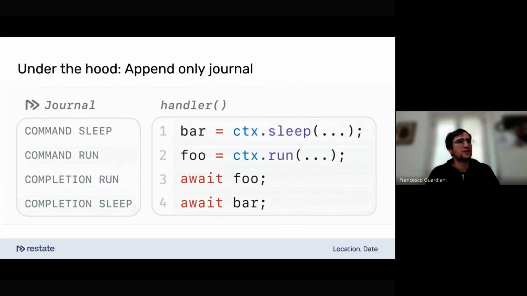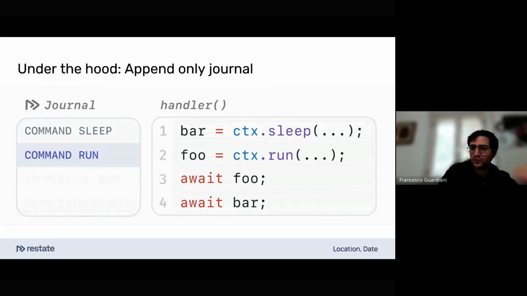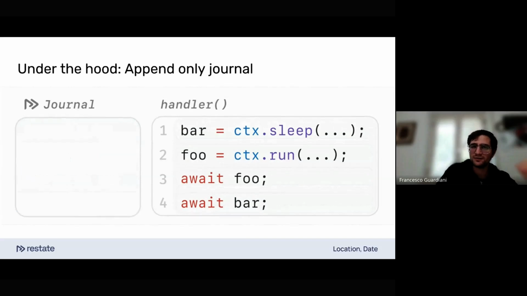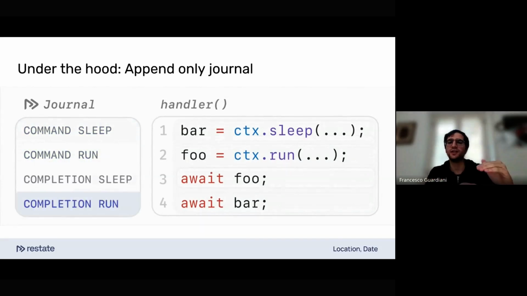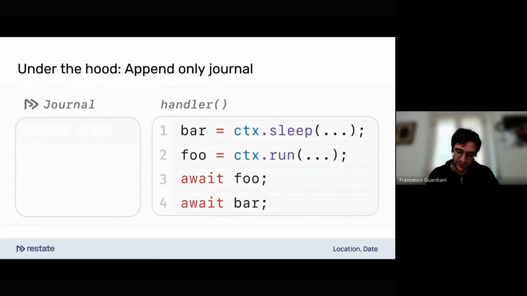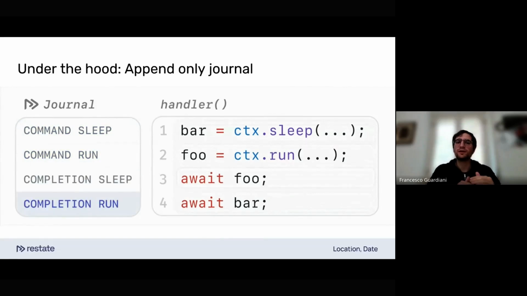It's actually intrinsically non-deterministic. You can have first the completion for run and then the completion for sleep, but you can also have vice versa. And the reason why this append-only journal is really helpful is that now we record which of the two completed first.